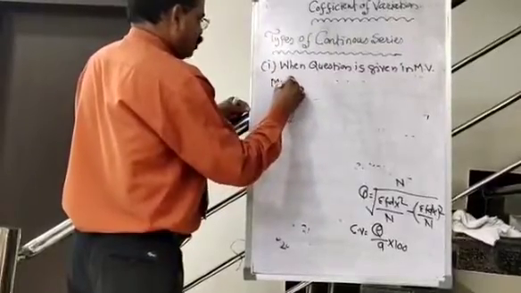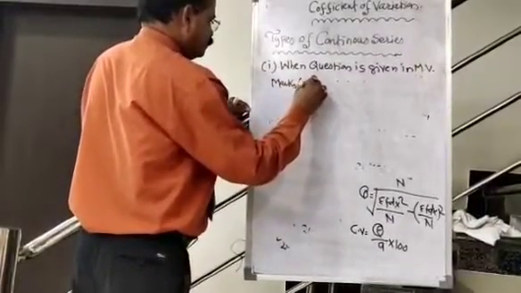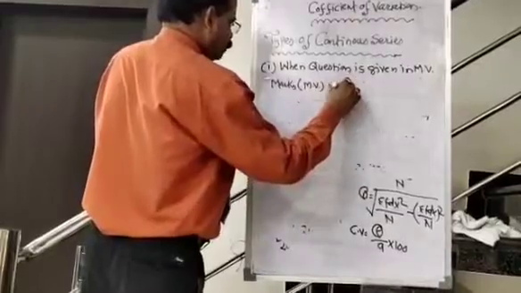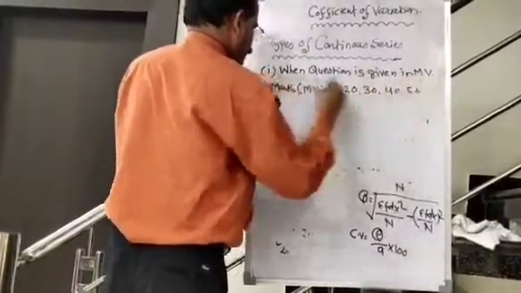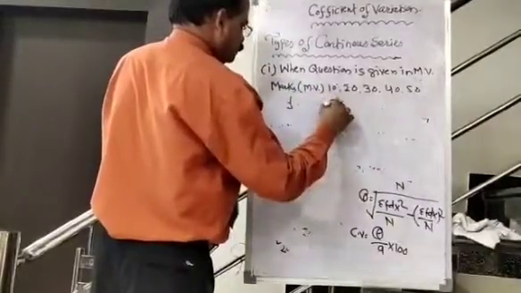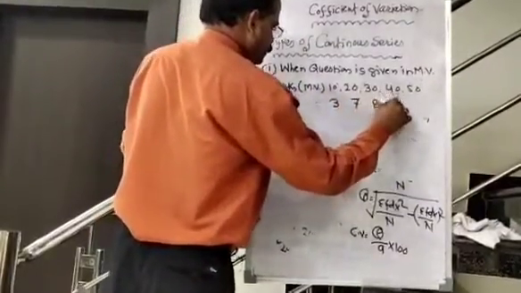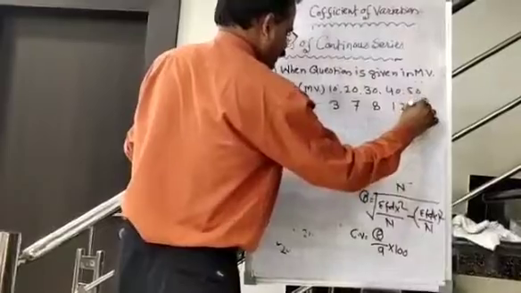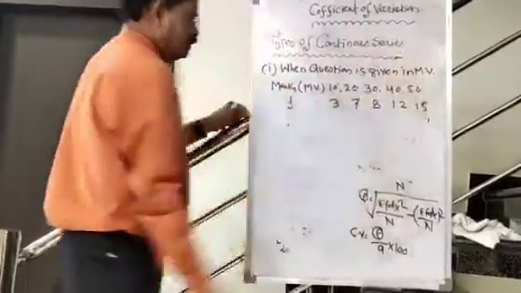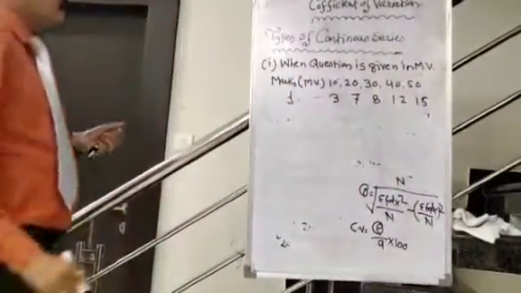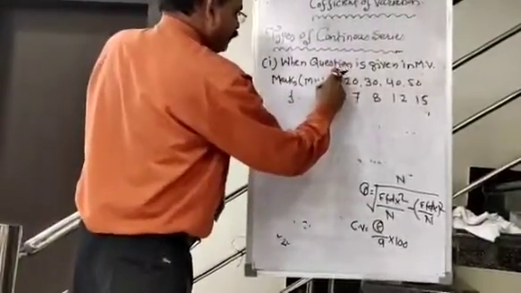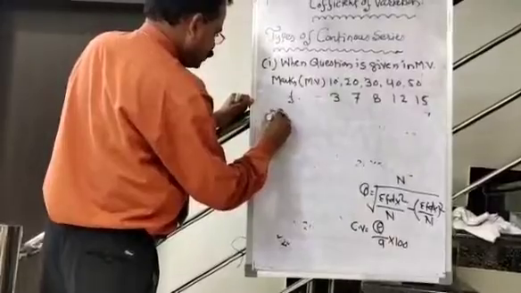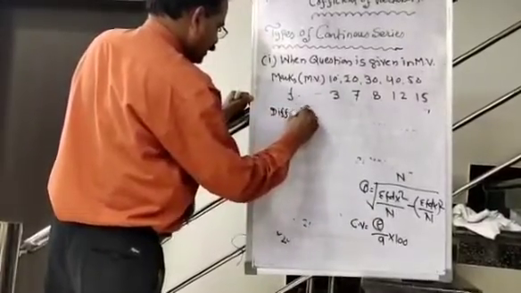Every time along with marks there will be mid value. 10, 20, 30, 40, 50. After that frequency 3, 7, 8, 12, 10, 50. In this condition, first we should find difference between item. Difference is equal to 10.